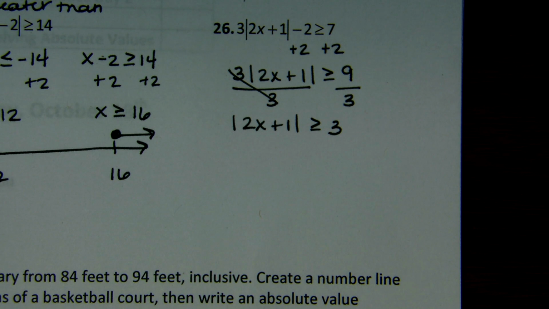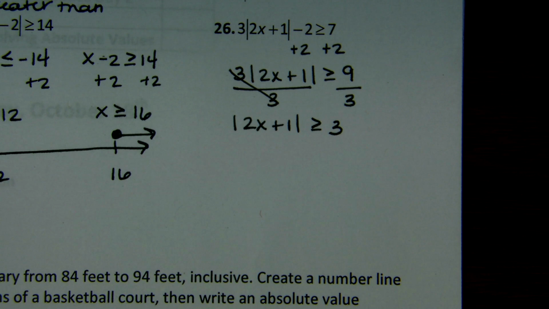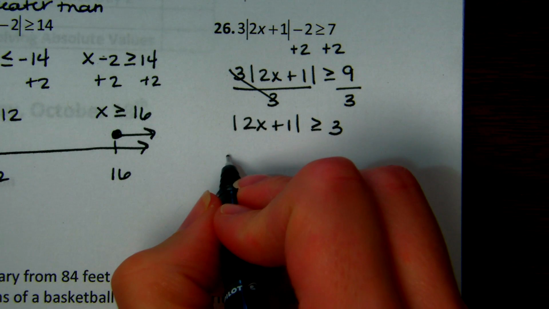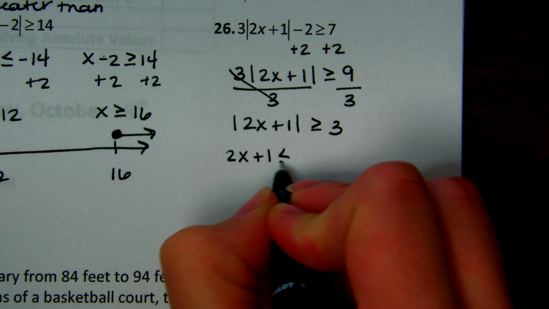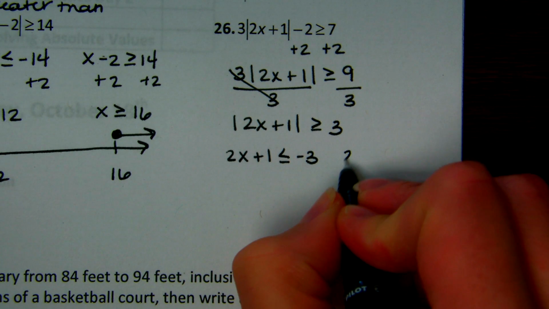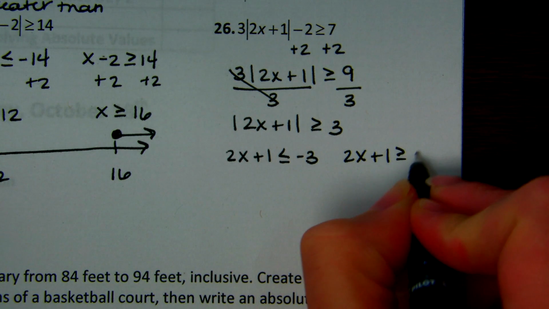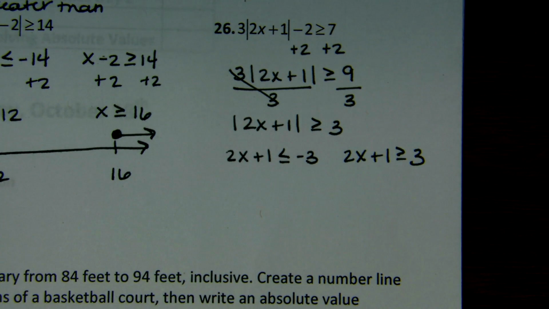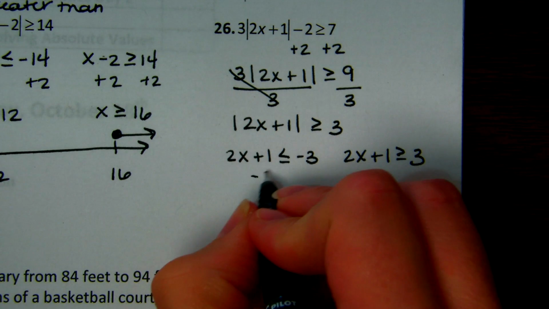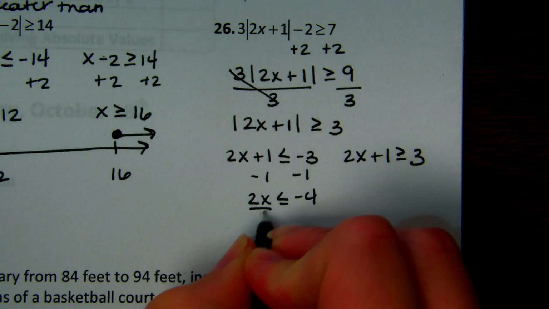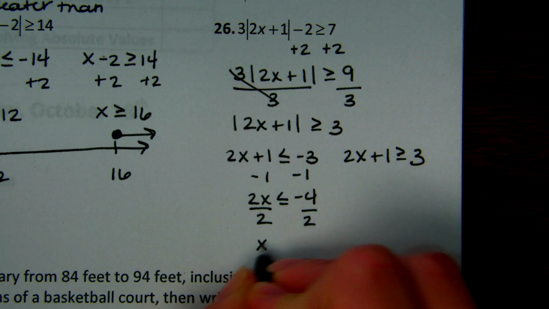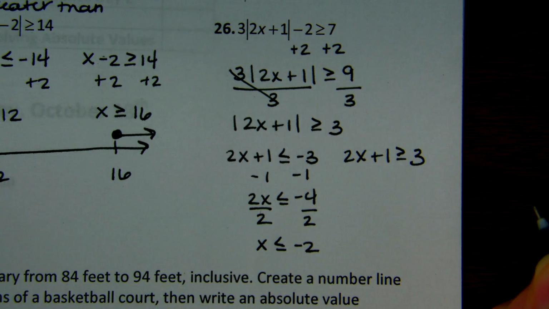And now our absolute value is alone, so I can write two inequalities. It's a greater than, so I write two separate. So this is 2x plus 1 is less than or equal to -3, and 2x plus 1 is greater than or equal to 3. And I can solve both of those inequalities, subtract 1 from both sides. 2x is less than or equal to -4, divide by 2. X is less than or equal to -2.